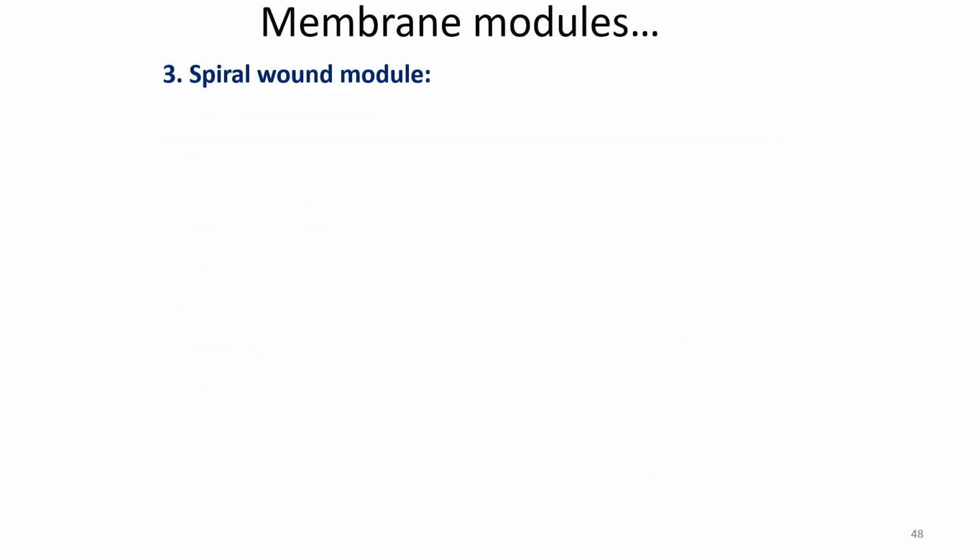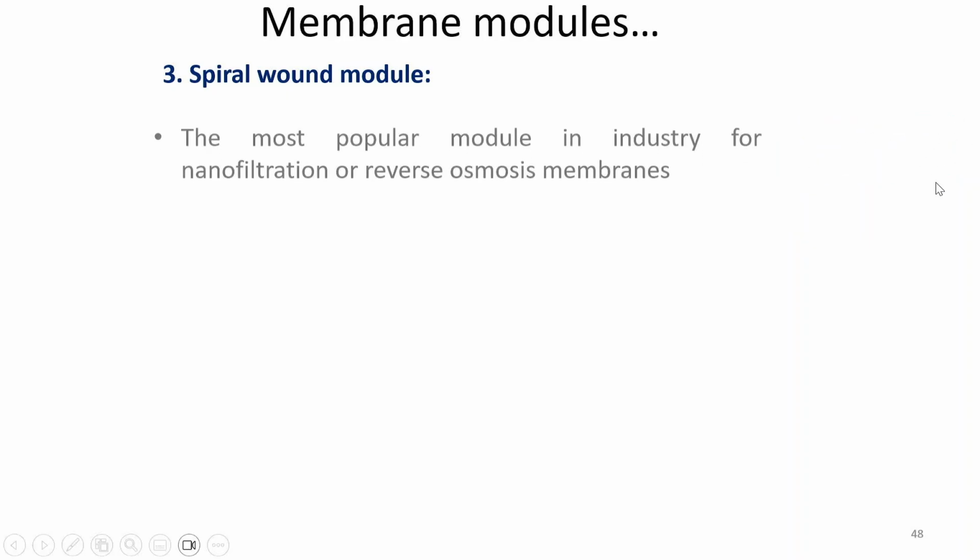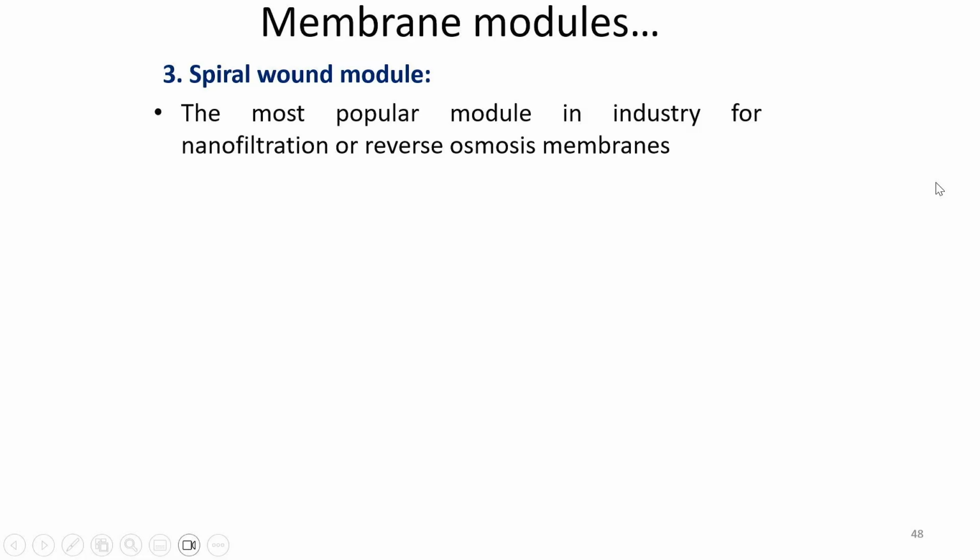Now, the next mold is the spiral wound mold. So, on a tube the membranes are wound spirally, that is the spiral wound mold. This mold is actually the most popular mold in the industry, because it is easy to wrap the membrane on a frame.